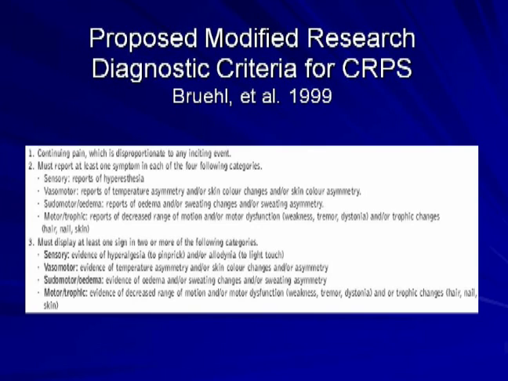So this was a modification of the IASP criteria, research diagnostic criteria for CRPS. Again, I'm not going to read all of these, but all of these things had to be present in order for the diagnosis of CRPS. And notice you don't have CRPS 1 or CRPS 2 here; you just have CRPS for research purposes.